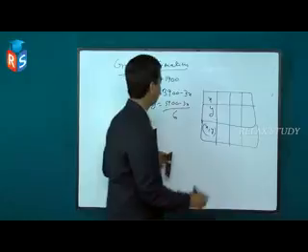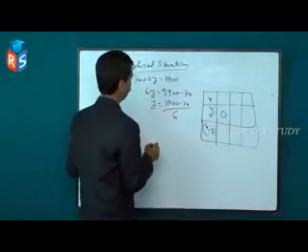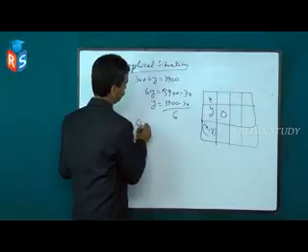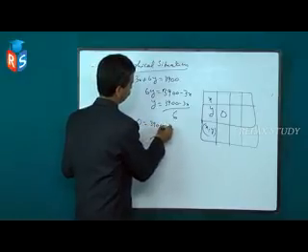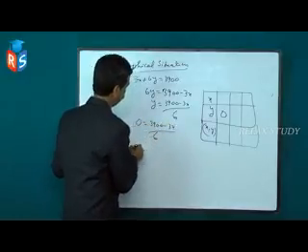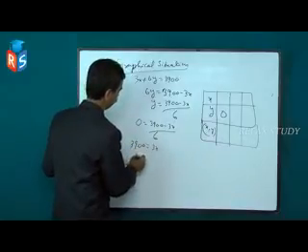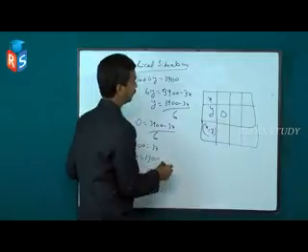If I put y equals 0, then 3900 equals 3x, x equals 1300.